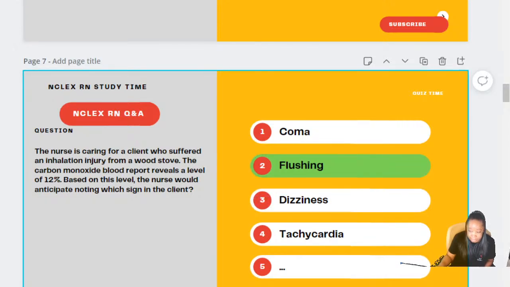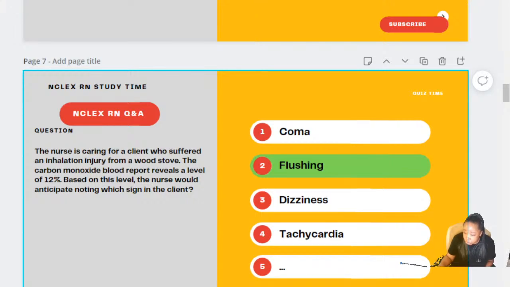Carbon monoxide levels between 11% and 20% result in flushing, headache, decreased visual acuity, decreased cerebral function, and slight breathlessness. That means it makes you breathe less. Okay?